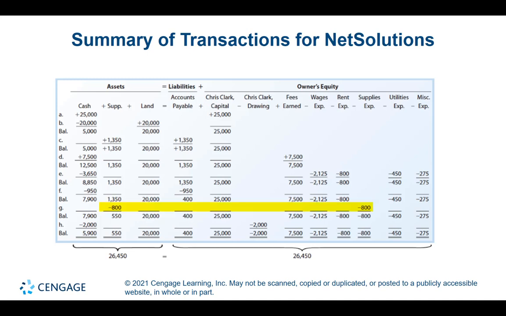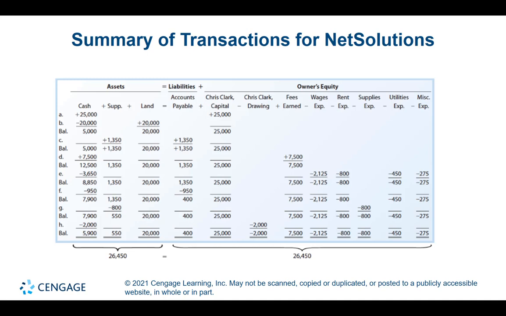For example, in row G, we see 800 of supplies was used up. And so 800 of the $13.50 was transferred from the asset supplies to supplies expense. The supplies account will have a balance from the purchase and then a decrease from the use of the supplies asset account. And then it gets replenished when more supplies is purchased.